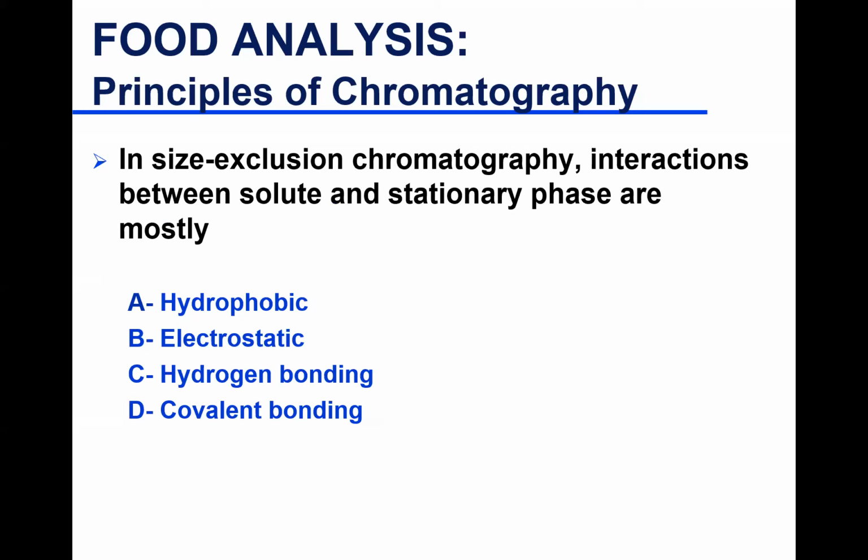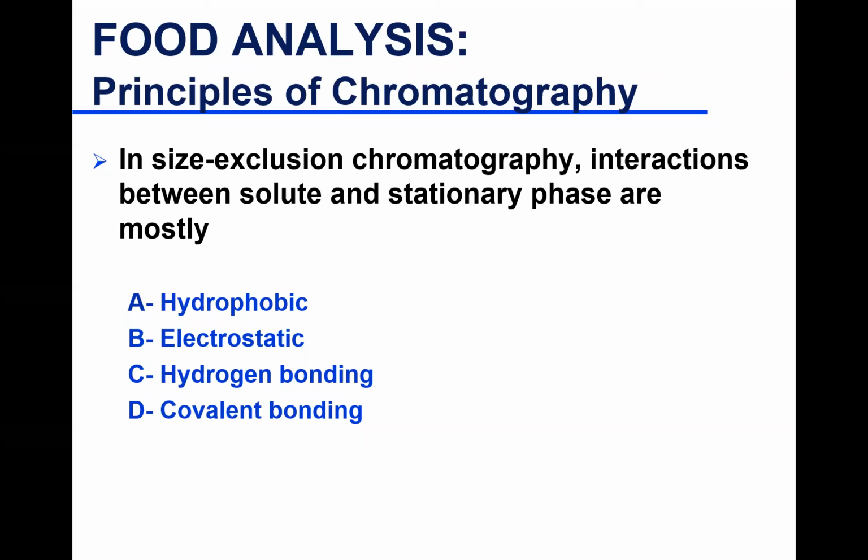So in size exclusion chromatography, what kind of interactions do we get between solute and stationary phase? None. Yes, no interactions. So this type of chromatography, we do not have interaction. We have physical separation.